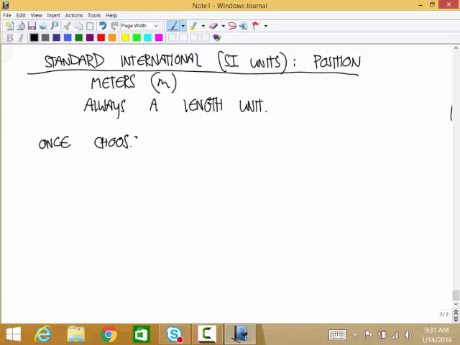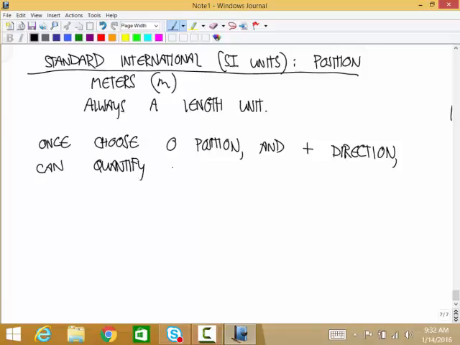So once you choose this 0 position and positive direction, you can quantify the changing positions of an object over time.